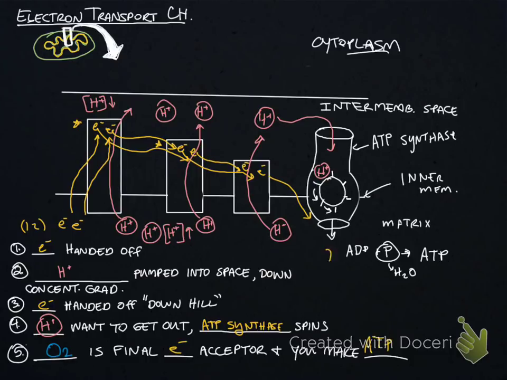So here is our oxygen and the electrons from the hydrogen ions bonded to it, and what I want you to know is that oxygen is the final electron acceptor for you to make ATP. So know at least number 5 here, and what protein makes you do this? It's ATP synthase in the electron transport chain.